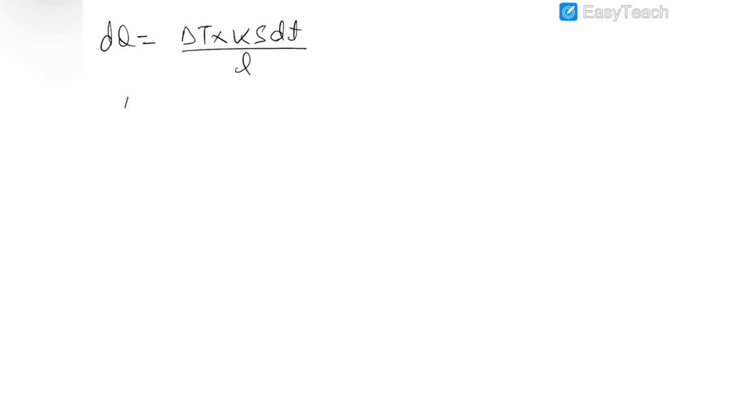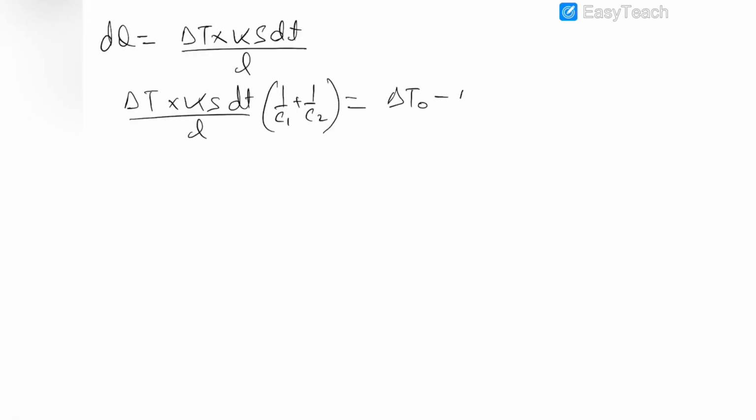So we can say that delta T into Ks dt by L into 1 by C1 plus 1 by C2 will be equal to, this is delta T naught minus delta T.